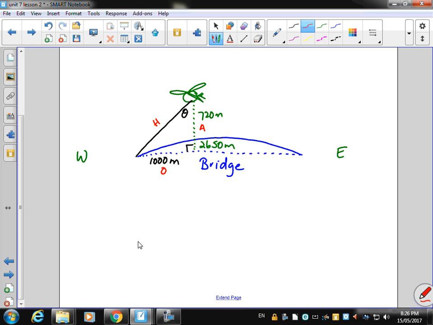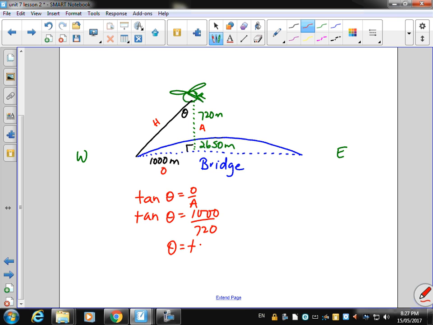So how many degrees is she spanning to see that portion of the bridge? We're going to use the tangent ratio. Tan of the angle is opposite over adjacent. So to find that angle, I am going to use 1,000 over 720. If I want to find an angle, I have to get rid of the function tan.